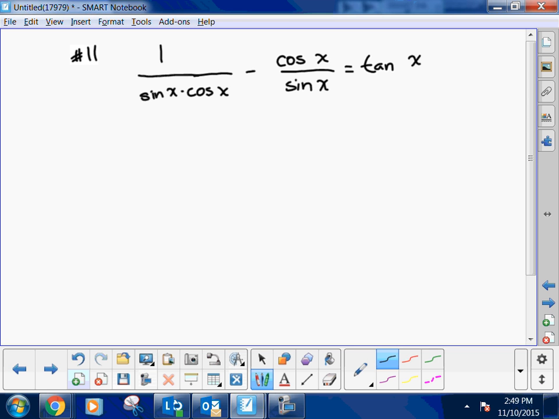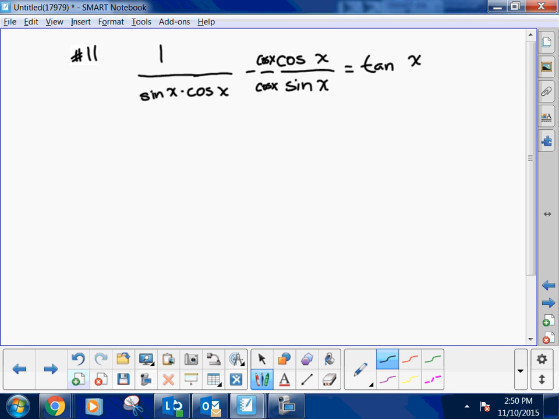You discovered that a cosine is necessary if I'm going to combine them. So I solve that by multiplying cosine top and bottom. So I'll multiply here by cosine x and over here by cosine x.